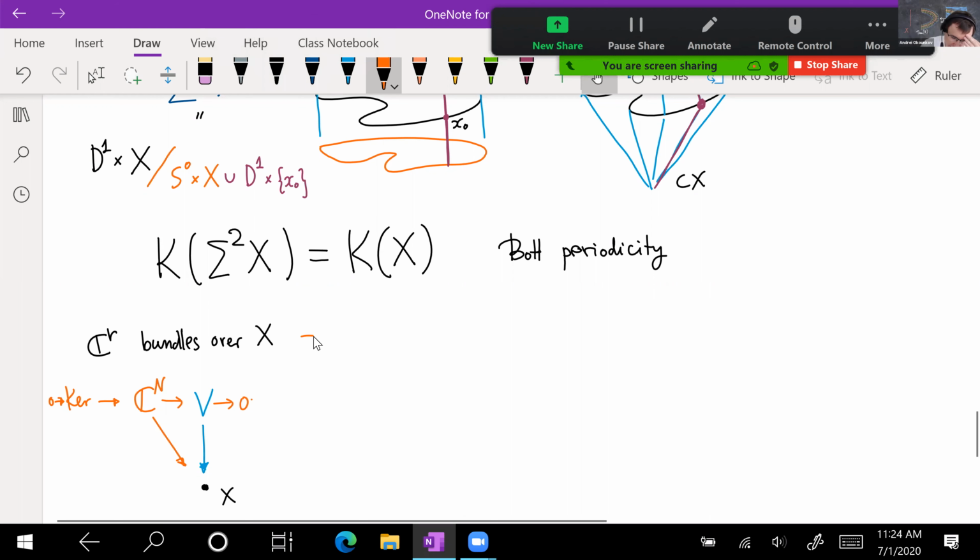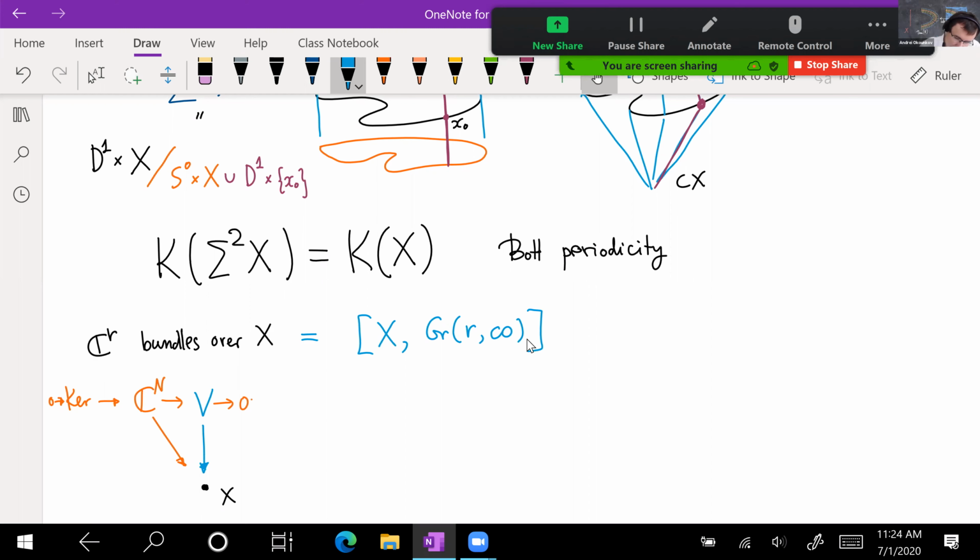So this is the same as the homotopy classes of maps from X. The square brackets mean we study homotopy classes of maps to the Grassmannian of R-dimensional subspaces, and since we don't know how many sections we will need to generate V, it's convenient to let n go to infinity.